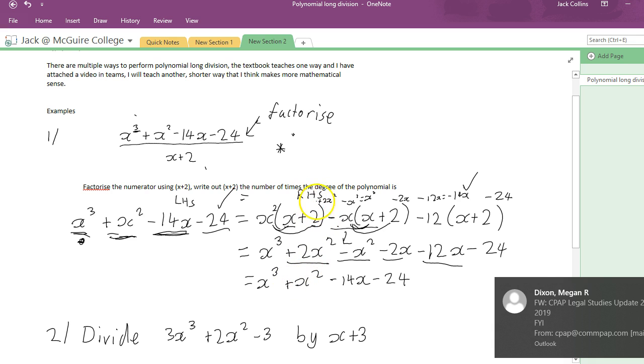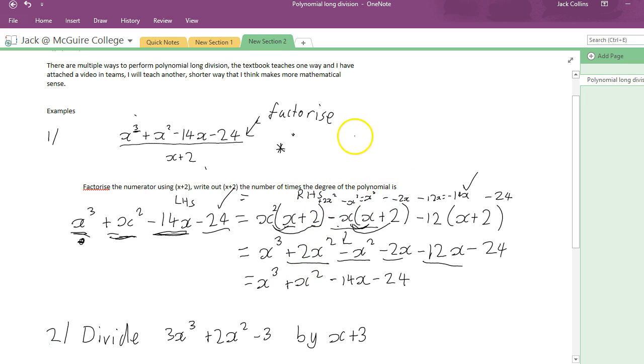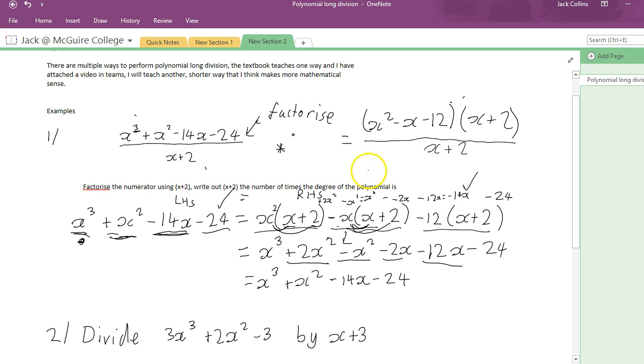Now we know that pulling out these common factors, that can become x squared minus x minus 12 multiplied by x plus 2, pulling out x plus 2 as the common factor of each of these expressions, all over x plus 2.